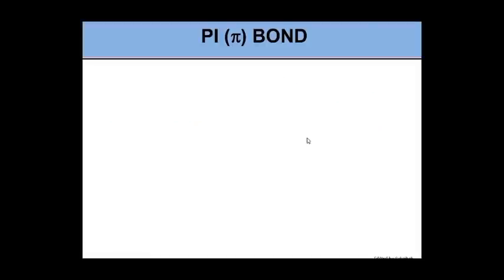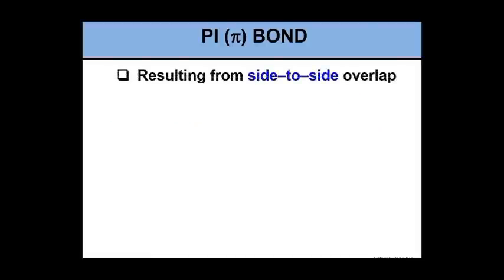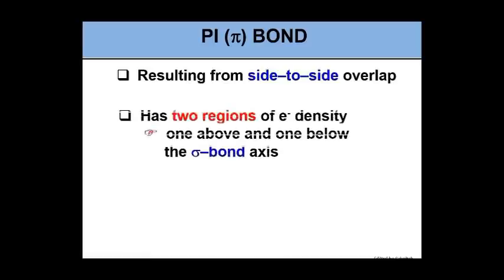Pi bond. A pi bond is a side-to-side overlap. It has two regions of electron density, one above and one below the sigma bond axis.